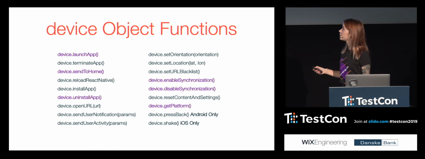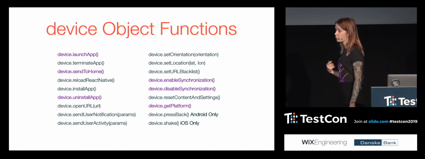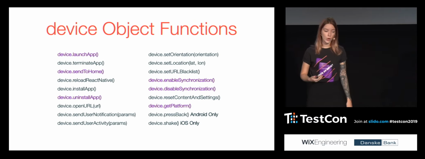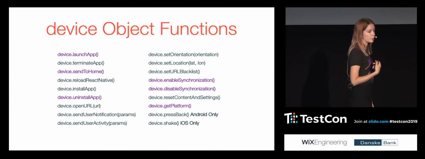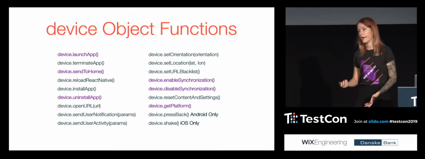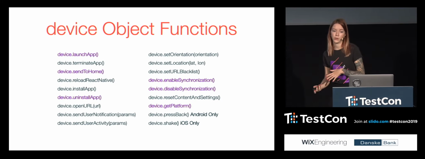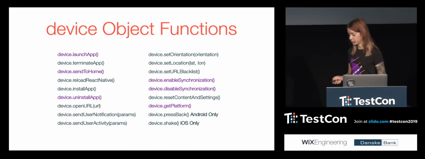And then we have device.getPlatform, which is useful when you are working with both iOS and Android and you want to know which exact case should be applied, in terms of needing some kind of a hack, or you have differences in the UI depending on the platform.